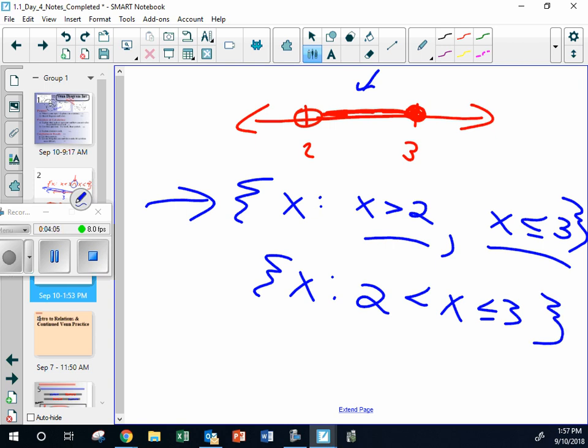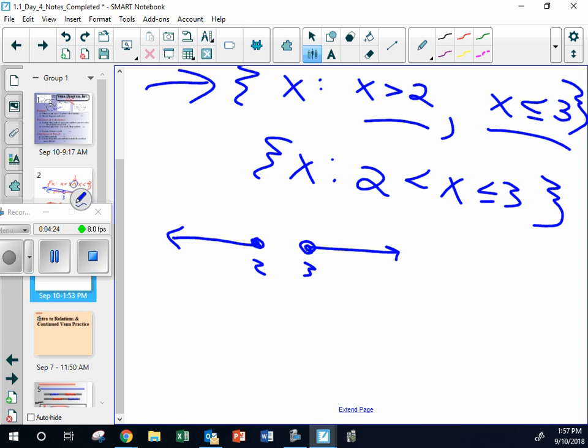I want to warn you, you can't do it that way when it's like this. If you've got a graph that goes outwards like that, you will have to write 2 separate statements. You might think you can make a sandwich out of that, but you can't correctly make a sandwich out of that. So I'll show you an example. Let's say this is 2 and this is 3. You'd have to say x is less than or equal to 2, union x is greater than or equal to 3.